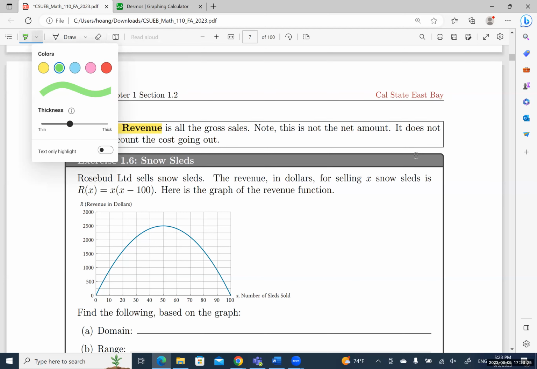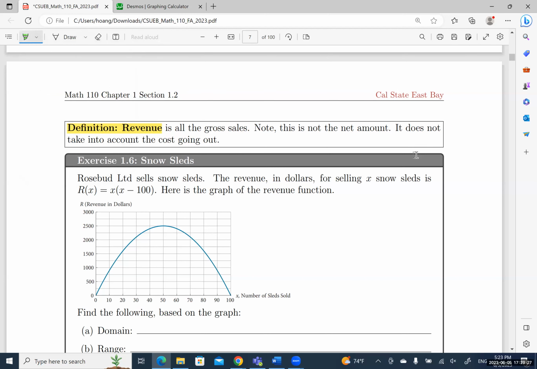So I'm just going to give you a rough definition: revenue is all the gross sales. Note that it is not a net amount. It does not take into account the costs going out. So let's do an exercise.